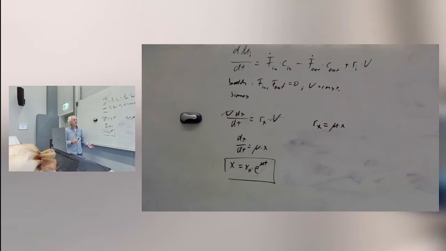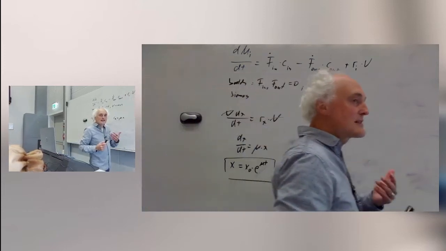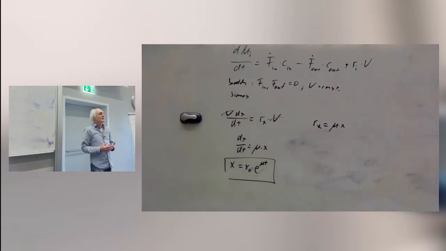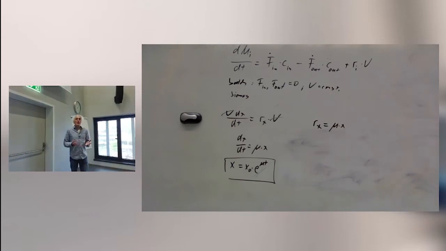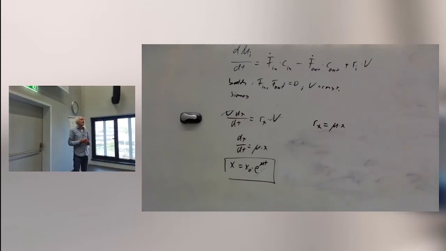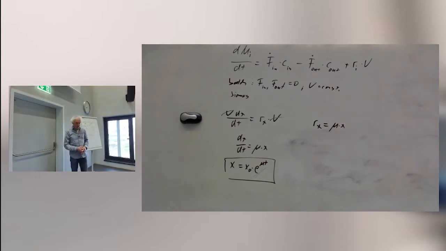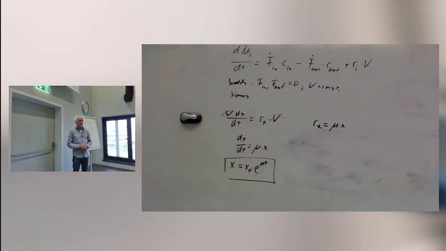Now, what can we do with that here? If we look at a bioprocess, we want to produce, for example, a concentration of 10 grams per liter, and we start with a starting concentration of 0.1 grams per liter. What are you interested in if you set up a bioprocess? You want to calculate how much can I produce per year?